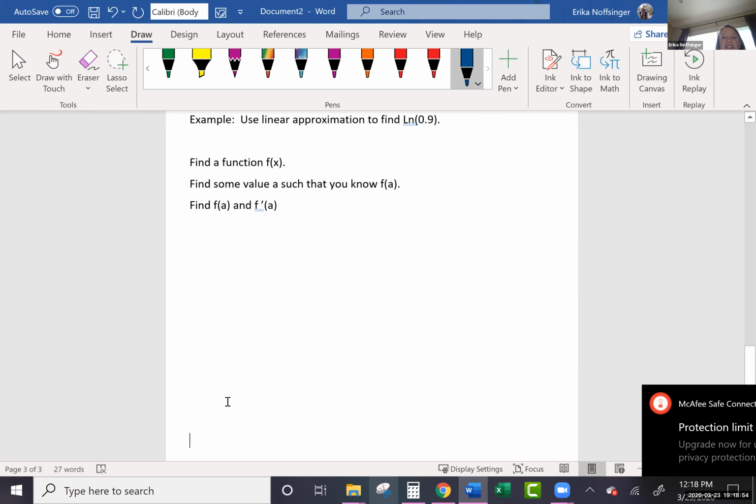Okay, so looking at this, I can tell that we should let f of x be the natural log of x. So recall, if you had y equals ln of x, by definition, what this is saying is, what is the exponent you can raise e to get back x?